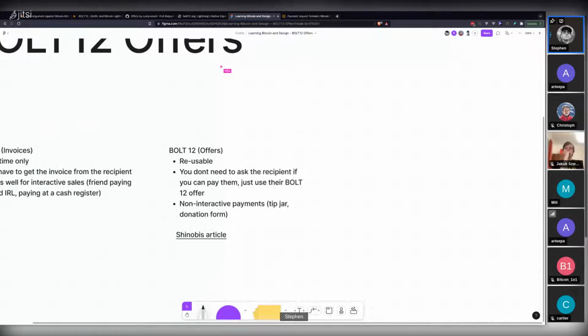You walk up to me, you scan the QR code on my guitar case, and under the hood, your phone is going over the Lightning network, pinging my Lightning wallet saying, hey, please give me an invoice. My wallet says, okay, here's your invoice. And then your wallet is paying the invoice. But that's all happening in a very, very quick automated way, and the user doesn't even know about that.